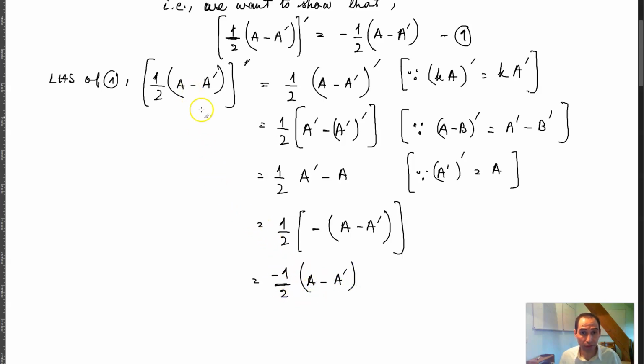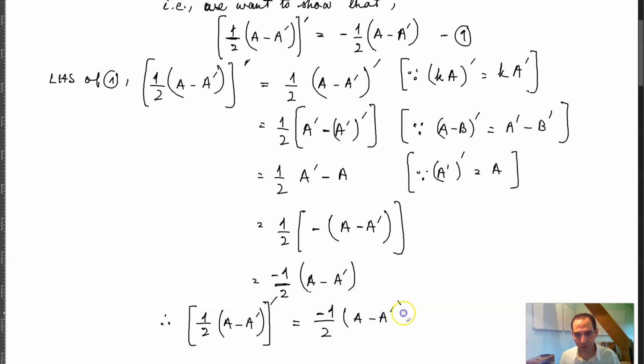So that is basically what I wanted to show here. That means that 1/2 of (A minus A prime) whole prime is equal to negative 1/2 of (A minus A prime).